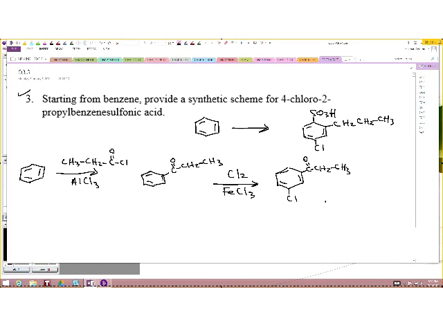H2, Pd/C. You want to reduce, right? Hydrogenation. You want to reduce the carbonyl of a ketone attached to benzene to a CH2.